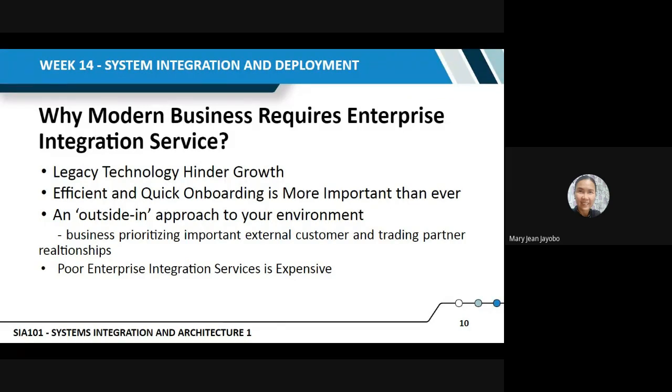Once you have successfully integrated a system into the business and they appreciate it, perfect yung pagkaka-integrate ninyo, then in return you will gain what? More clients, more business, or more partners. Okay?